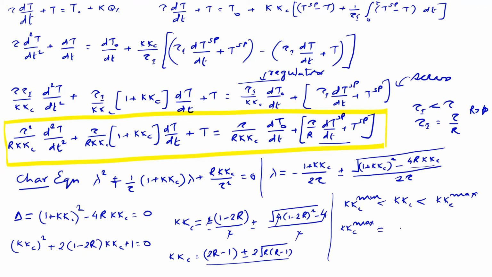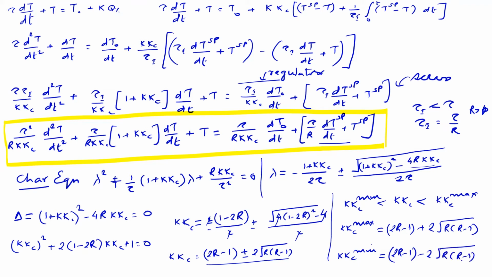The one with the plus sign is going to be 2r minus 1 plus 2 times square root r times r minus 1, and kkc min is going to be 2r minus 1 minus 2 times square root r times r minus 1.